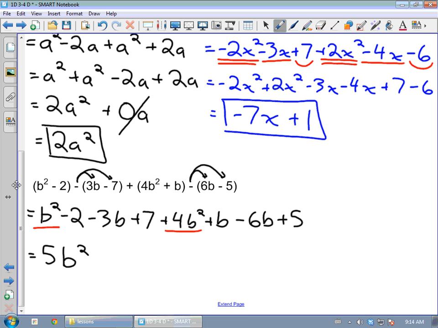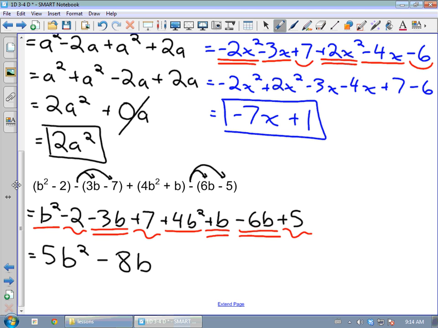I've got a negative 3b, a plus b, and a negative 6b. Those are all like terms. So negative 3 plus 1 is negative 2, minus 6 is negative 8b. My last like terms are going to be the negative 2 plus 7 plus 5.